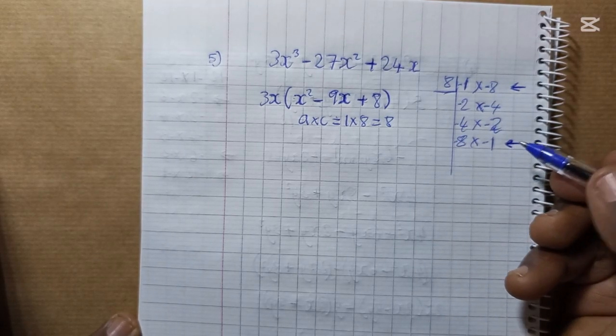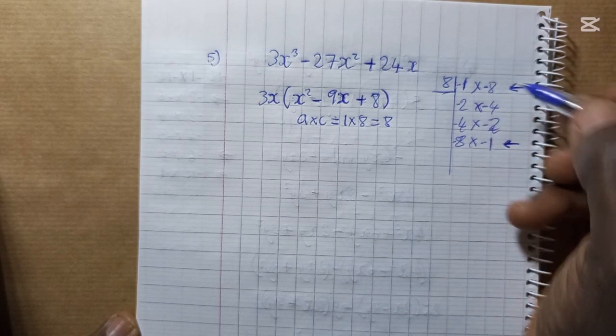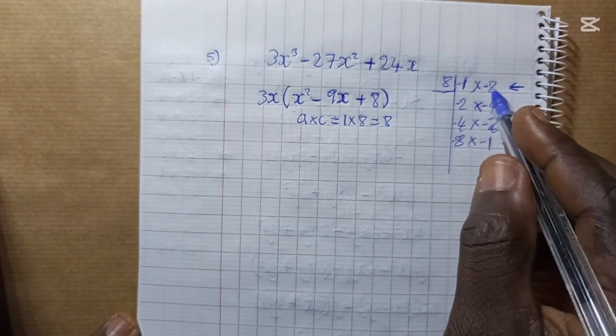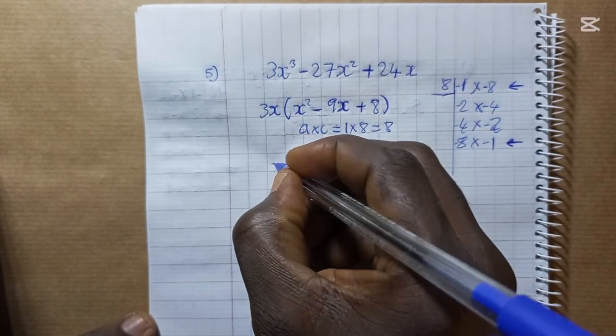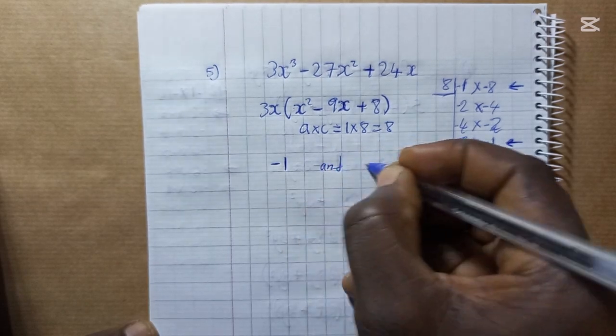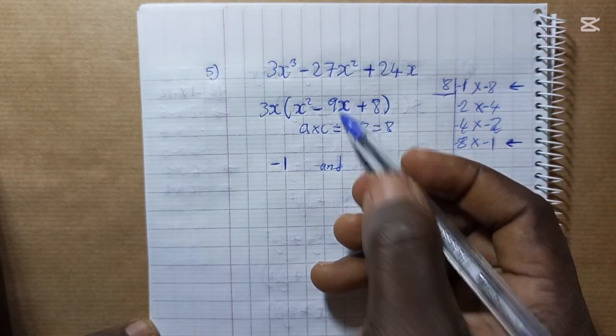You can take any of them, but I will go ahead with minus 1 and minus 8, since minus 1 comes before minus 8. So the numbers are minus 1 and minus 8.